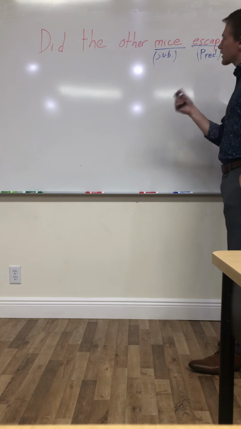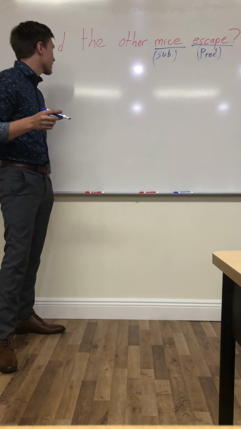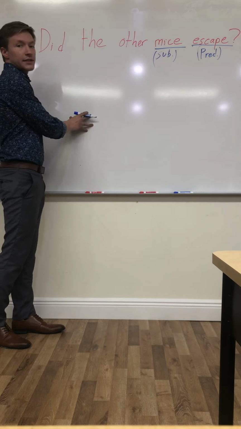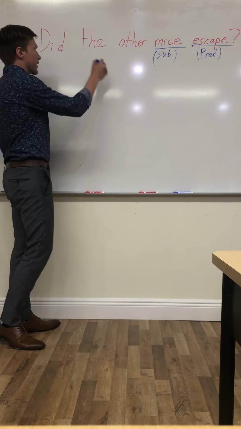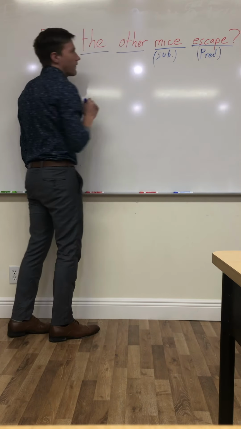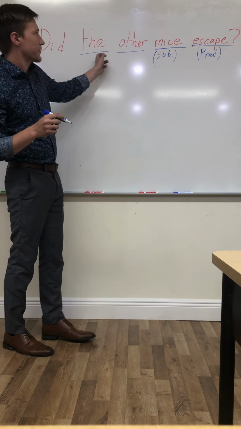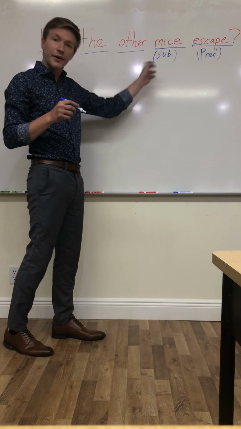Now, I've got a couple of other words in this sentence. And just like we talked about, every word has a place inside of the sentence when we diagram it. Now, these ones right here are pretty easy to tell, okay? The. We know that the is referring to the mice, right? It's not the escape, it's the mice.